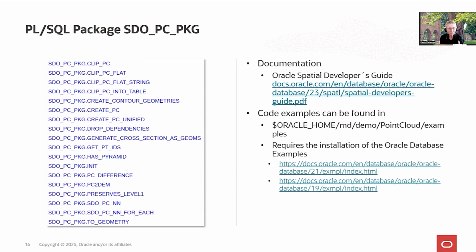Some of the functions can be used for the SDOPC object type. Most of the functions here are used for the object type. Some of them can be used for the flat data model.